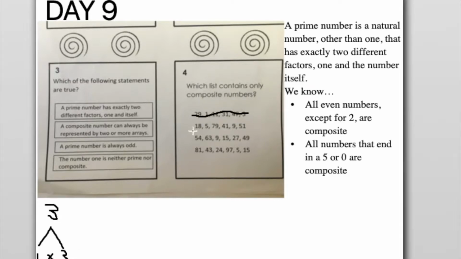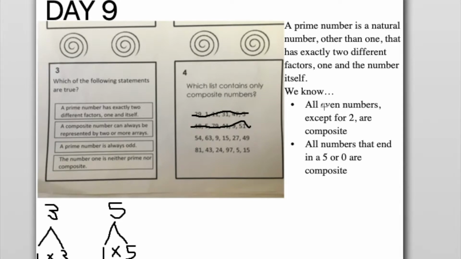Our next list, 18. Oh, we know 18 is composite. But then we get to 5. There are only 2 numbers that you can multiply to get to 5. 1 times 5. So 5 is prime. So this guy's out. Our next number, we've got 54.